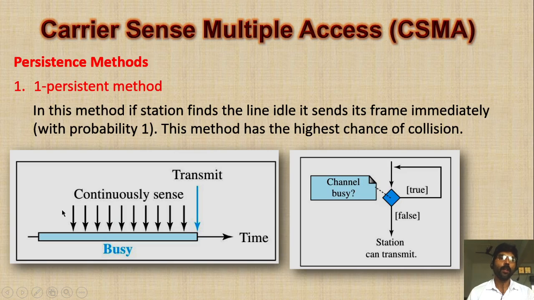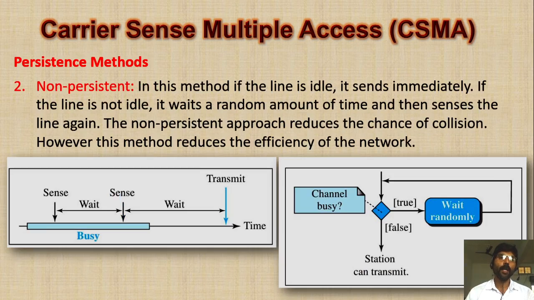The second method is called the non-persistent method. In this method, if the transmission line is idle, it sends data immediately. If the line is busy, then the station waits for some random amount of time and senses again.